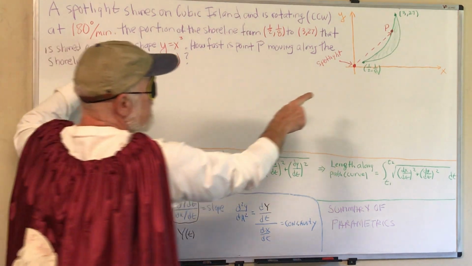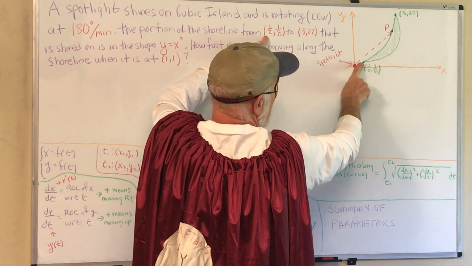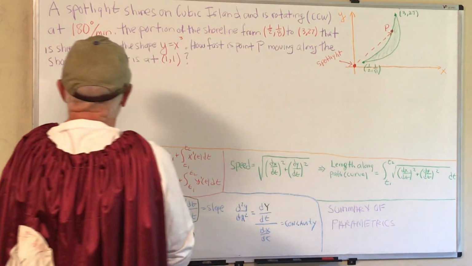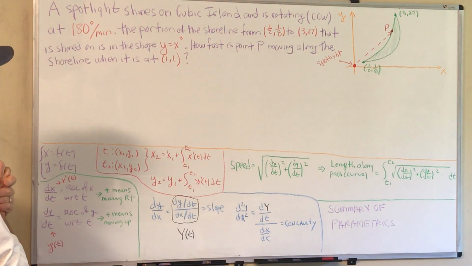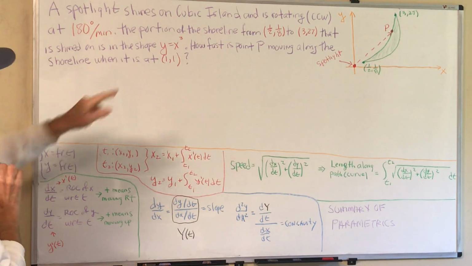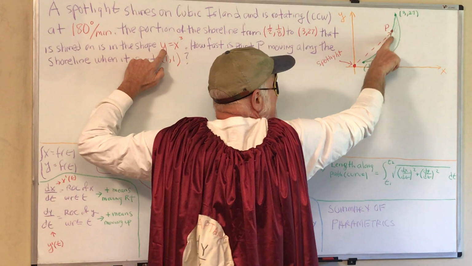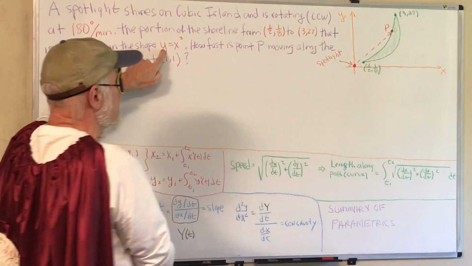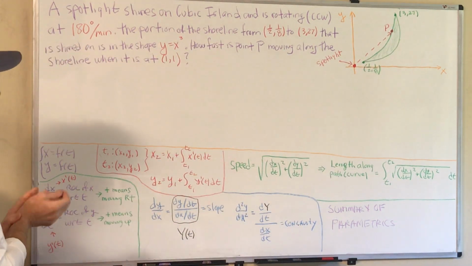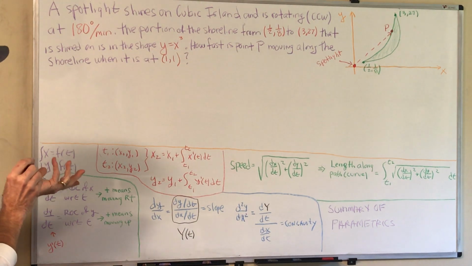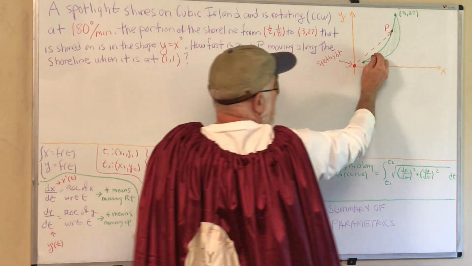And it moves from 1/8 to 3/27. And we know that the shoreline is y equals x cubed, at least at that portion of the island. So the key is, how fast is point P moving along the shoreline when you get to the point 1, 1?